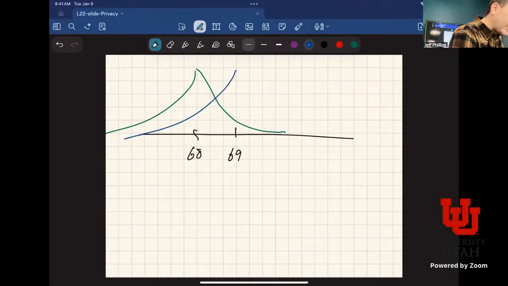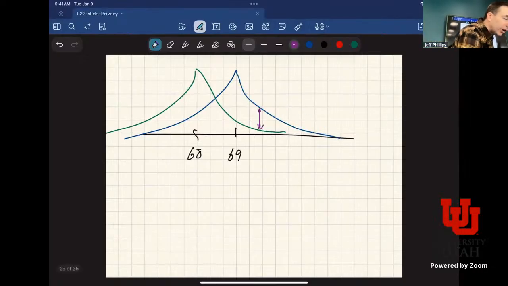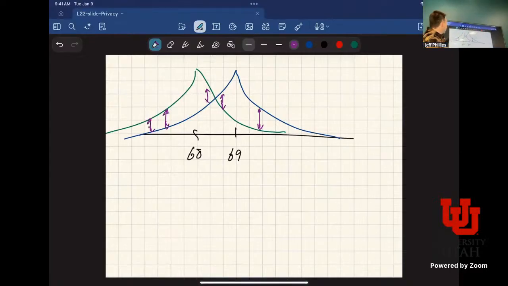I can also draw a Laplacian distribution at 69, and always the ratio of these inside this range is even closer, but these ratios of the probabilities are always going to be the same. I didn't draw them quite right.